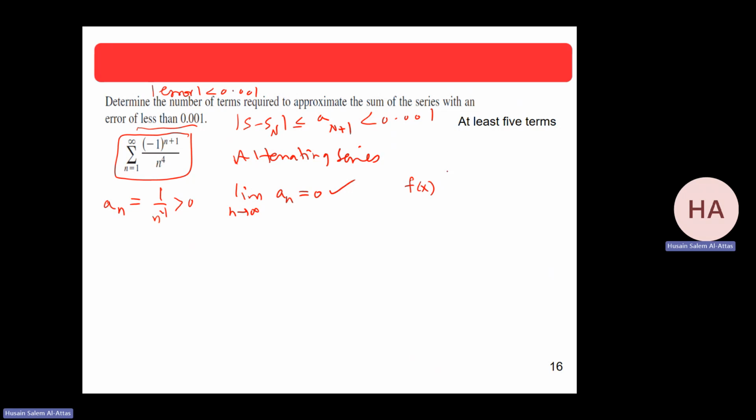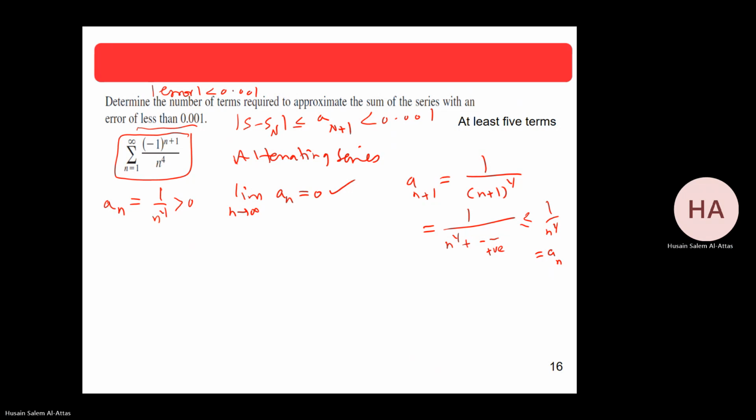What is An plus 1? Very clear. It's 1 over n plus 1 to the power 4, and that is 1 over n to the power 4 plus something. For sure, this is less than or equal to 1 over n to the power 4, which is An. Everything is positive here.